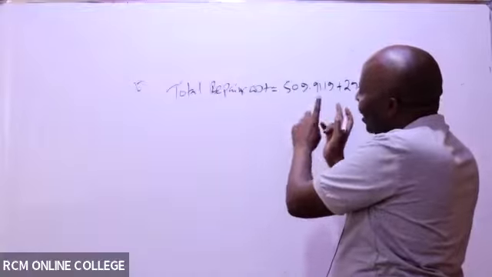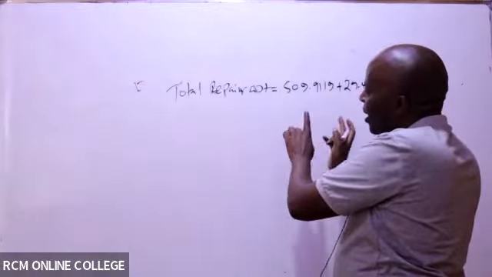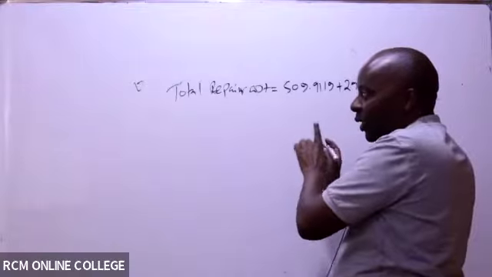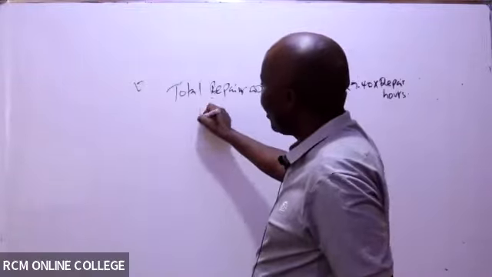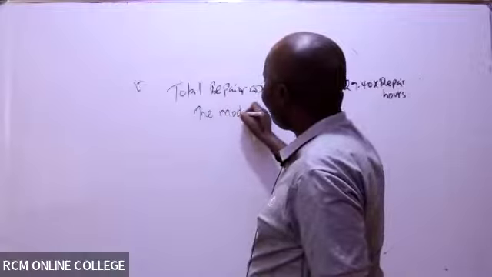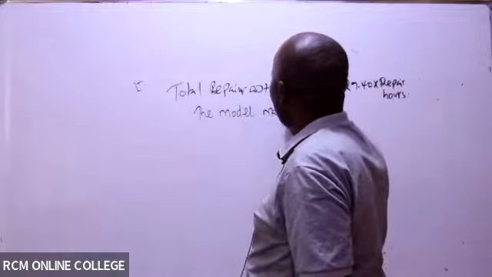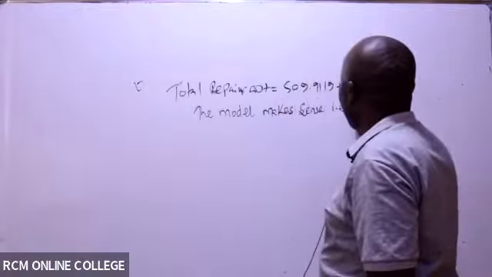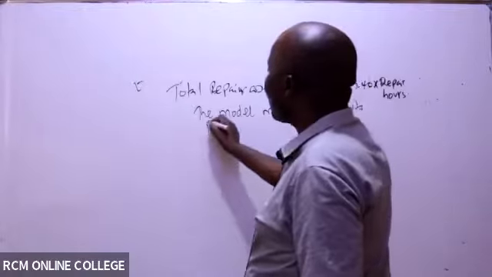So in this particular case, we are able to see that this particular model, ladies and gentlemen, is a plausible model. So the model makes sense, i.e., it is plausible.